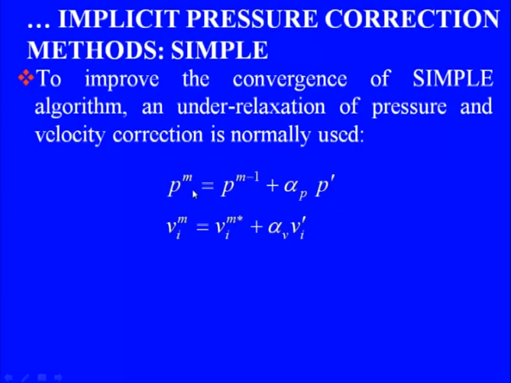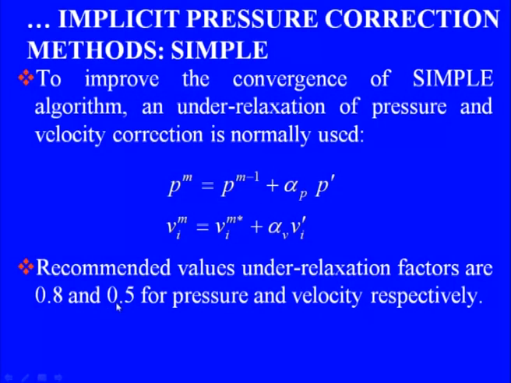So, P^m would be given as P^(m-1) plus alpha_P times P prime, where alpha_P is a value less than 1. Similarly, V_i^m is V_i^m star plus alpha_V V_i prime. In theory we can have different under relaxation factors alpha_V for each of the velocity components, but normally we take the same values.